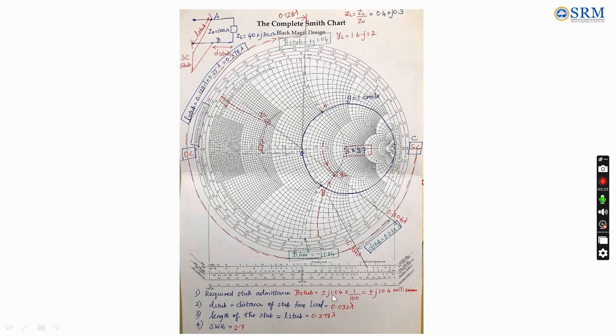So it is plus or minus j 1.04 that we got here, and we have to multiply with the characteristic admittance. So characteristic admittance is 1 by characteristic impedance, that is 100. So we get plus or minus j 10.4 millisiemens or millimho, whichever admittance unit we are preferring, we can go for. There are three different units: mho, ohm inverse, Siemens, everything are same.